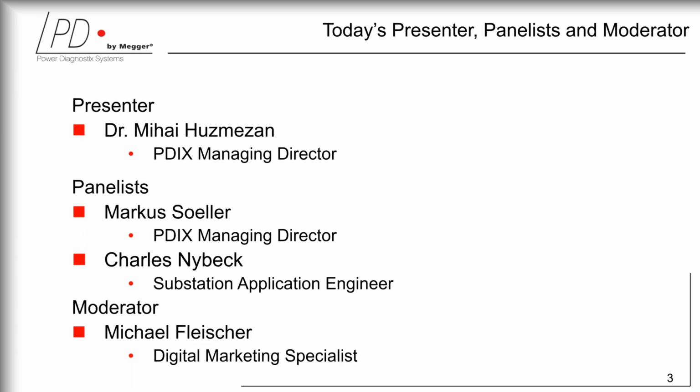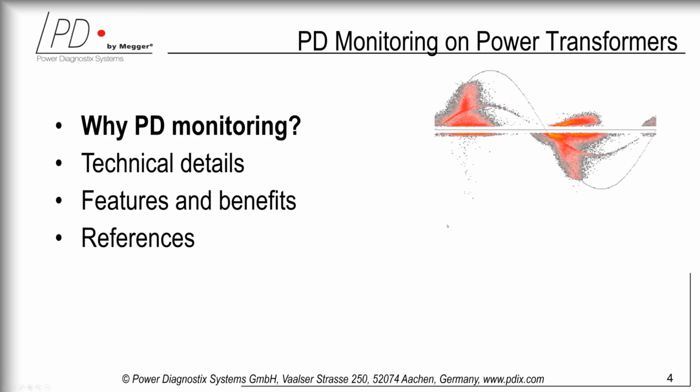Today, I would like to speak a bit about partial discharge monitoring on power transformers. Probably at the beginning, we should talk a bit about why partial discharge is an important phenomenon on transformers, what's happening. I would like to maybe even have here a nice little logo for some people that are acquainted with the world of partial discharge.